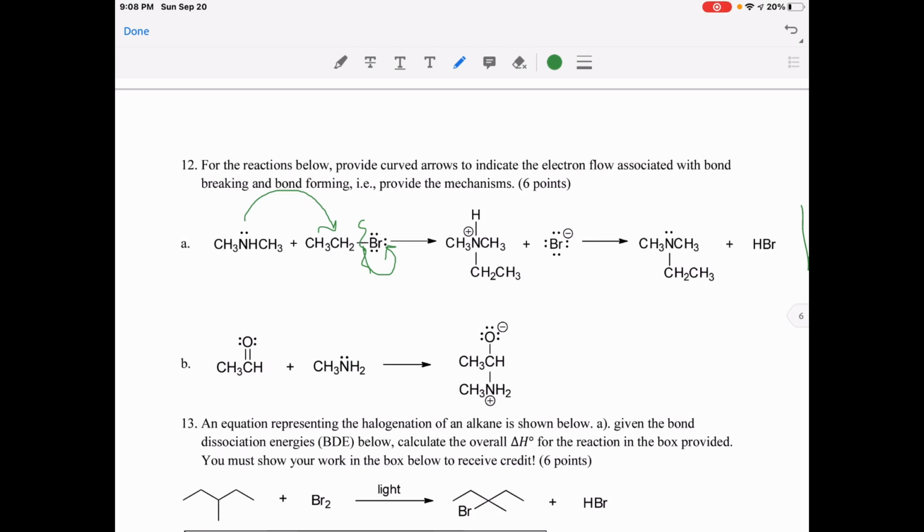So when we look at the products, we find that there's HBr. So that means bromine took a hydrogen from the cation. Looking at that molecule, the only possible hydrogen that it could have taken that would allow this cation to go to this cation is the hydrogen up here.